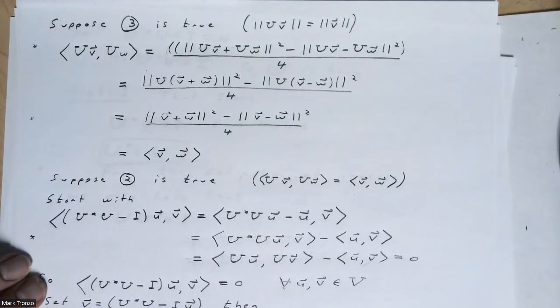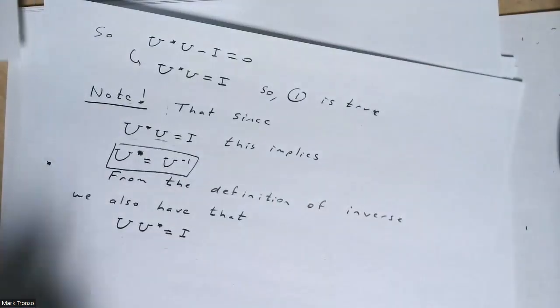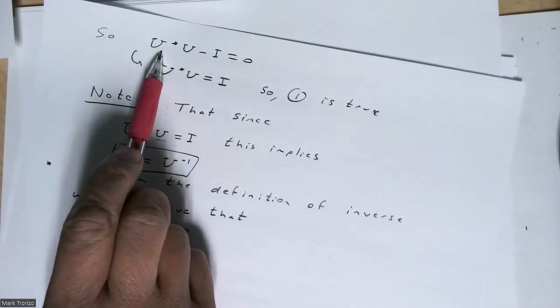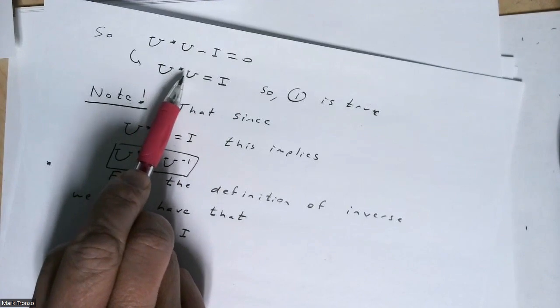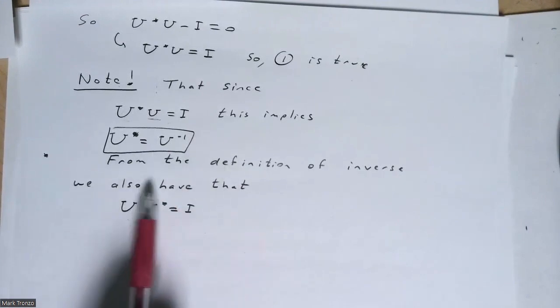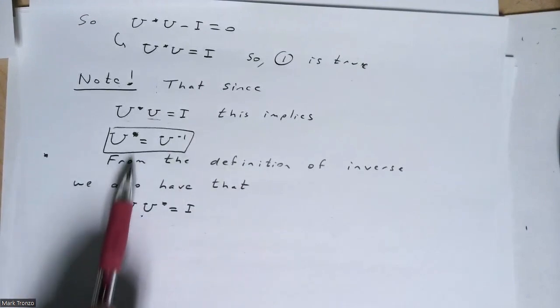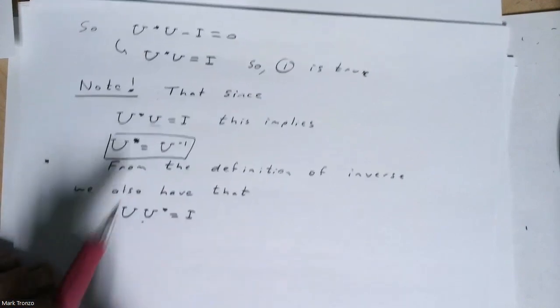And then we would end up getting that u adjoint u minus I is 0, which would have meant u adjoint u is equal to I. So you could get this as well from that same way, or from some of the rules of inverses, you could get that this is true. But in any case, this is very important that we have here.